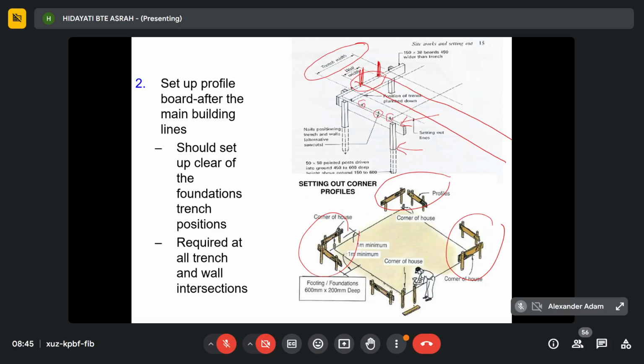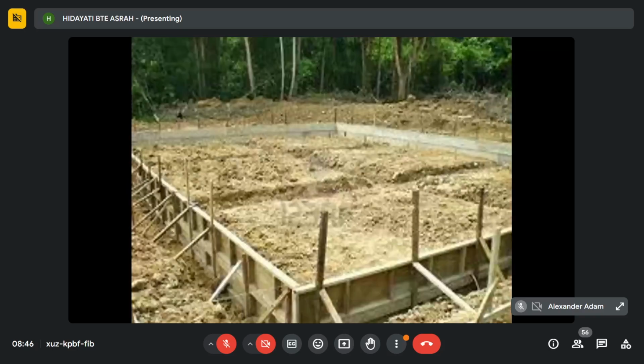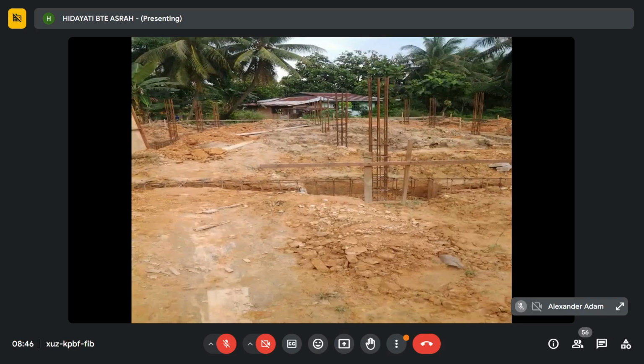And then this is an example of a side rail. So this is an example of setting up the profile board. If you see here, this is the profile board, with marks on the building reference line.